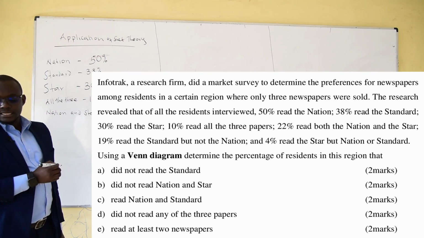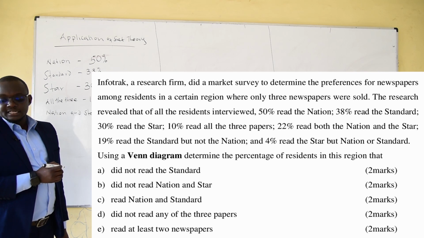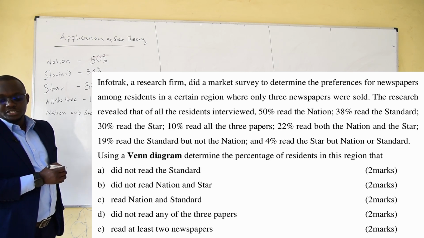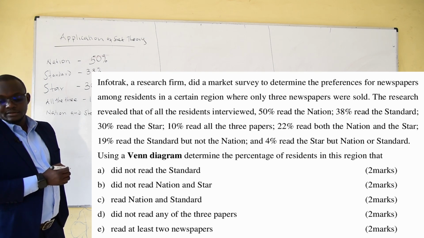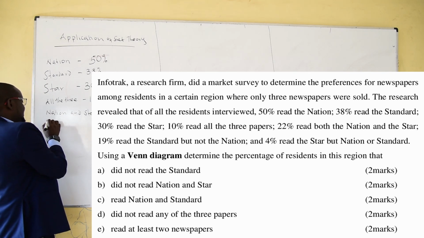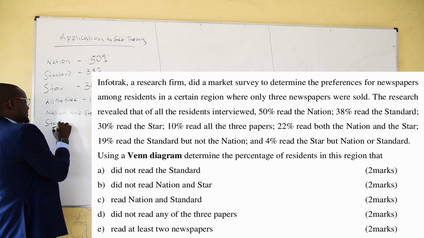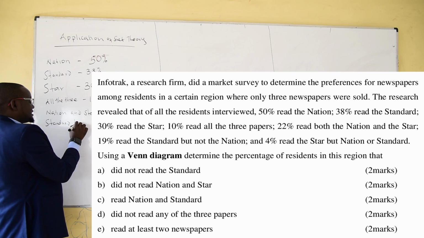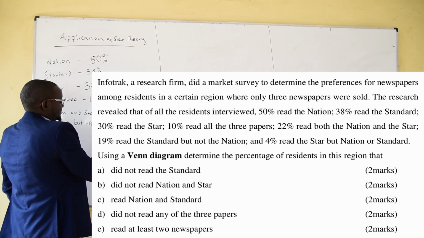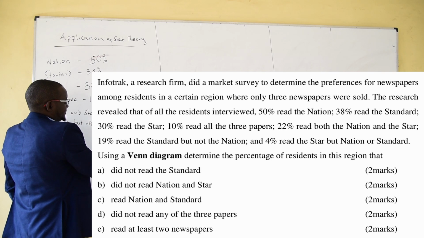We are also told that 19% read the Standard, but not Nation. So Standard but not Nation is 19.